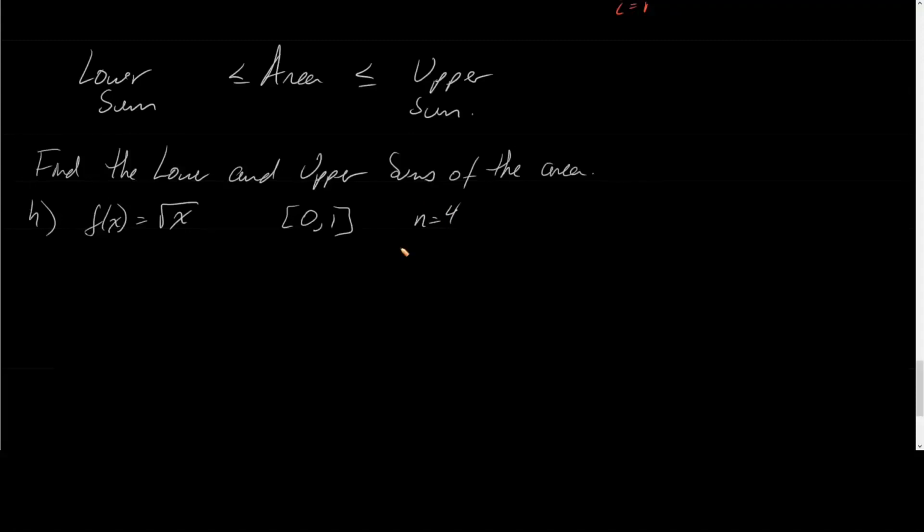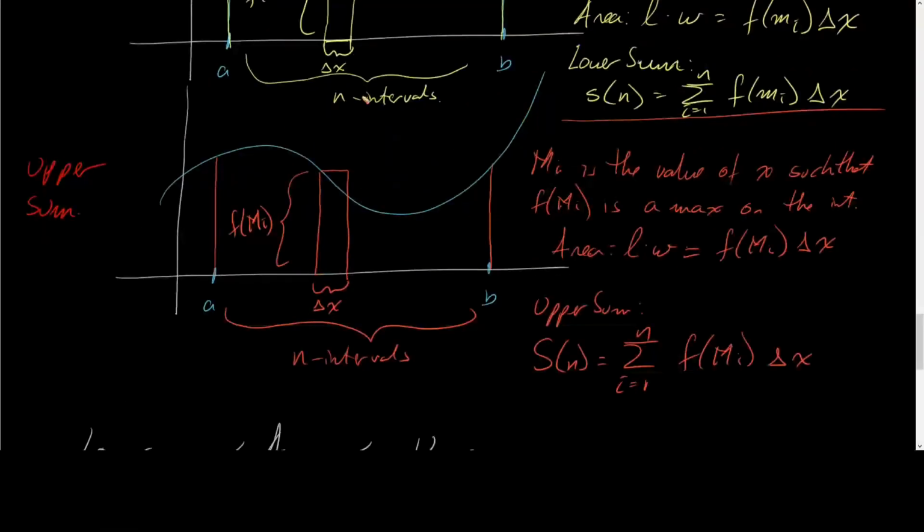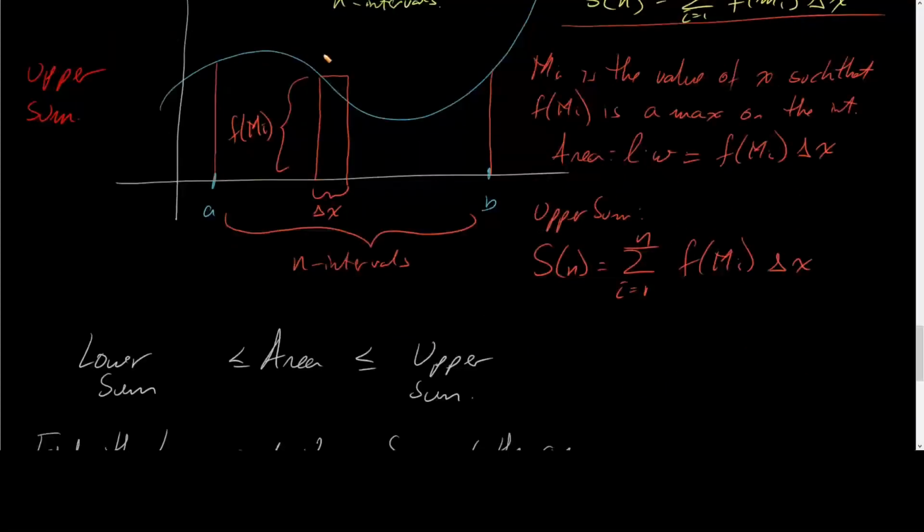One thing I should have defined here is how do we find this delta x? Let's define that right now. We're doing the interval from a all the way to b, so that entire distance we're splitting up into n pieces. The entire distance from a to b is the big value minus the smaller value, split into n pieces.